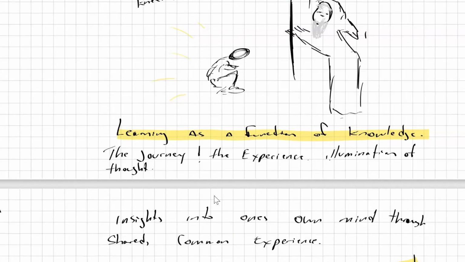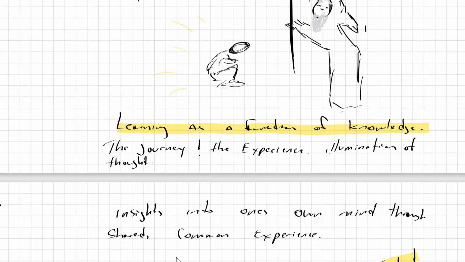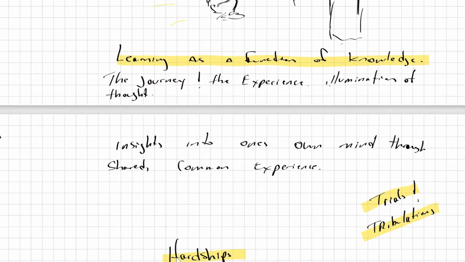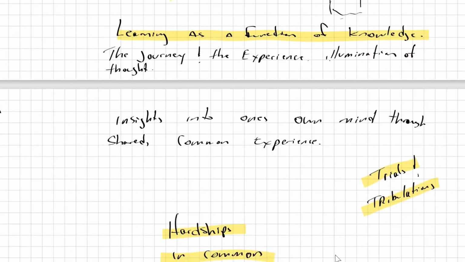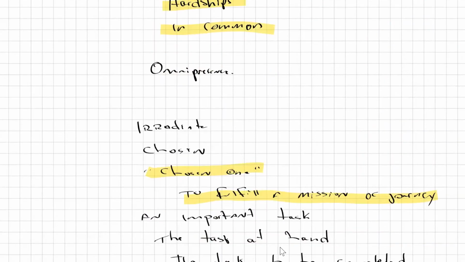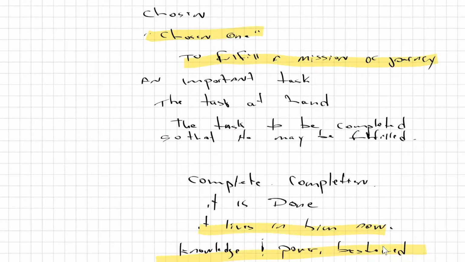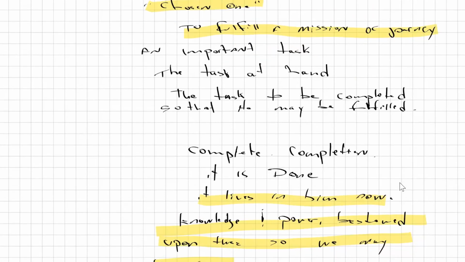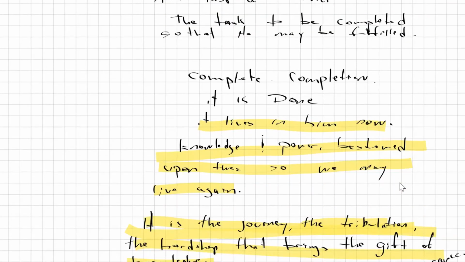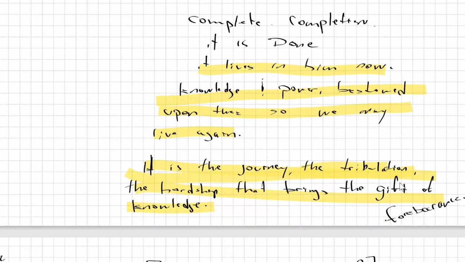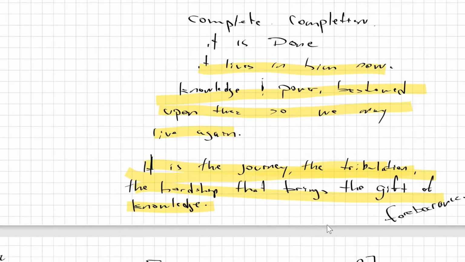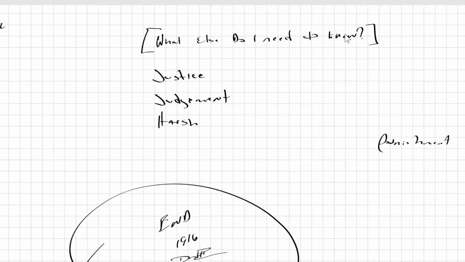There was learning as a function of knowledge, the journey and the experience, illumination of thought, insight into one's own mind through shared common experience of trials and tribulations, hardships in common, the chosen one to fulfill a mission or journey, an important task, the task at hand, the task to be completed so that he may be fulfilled. It lives in him now, knowledge and power bestowed upon thee so we may live again. It is the journey, the tribulation, the hardship that brings the gift of knowledge.